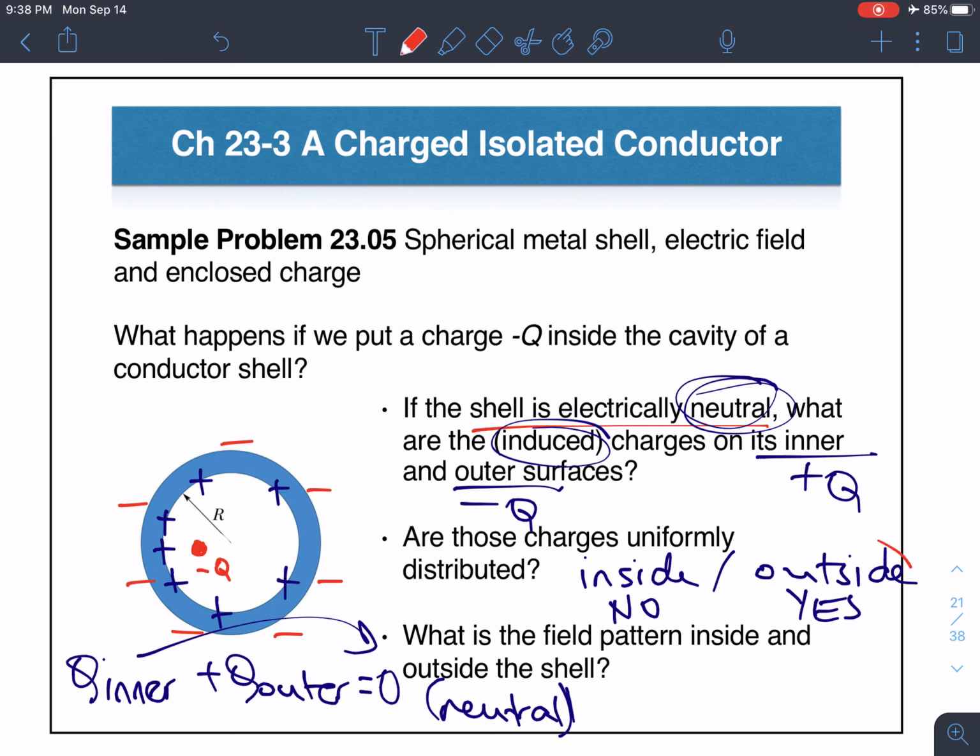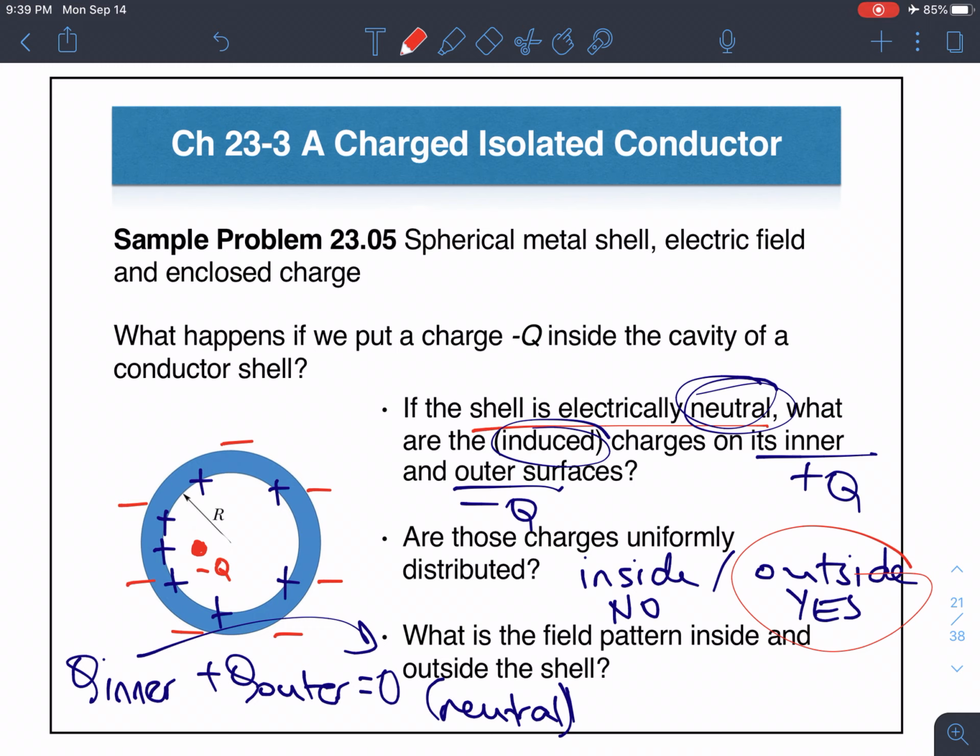So outside will have uniform charge distribution. Inside it won't, because that negative Q is off-centered, and because of that you'll see that on one side there will be more charges than the other side on that inner surface.